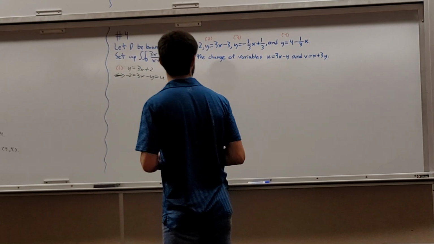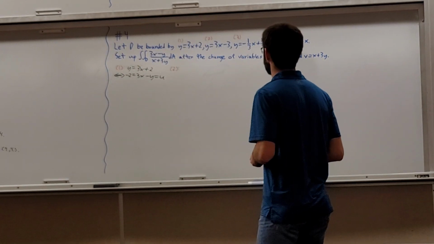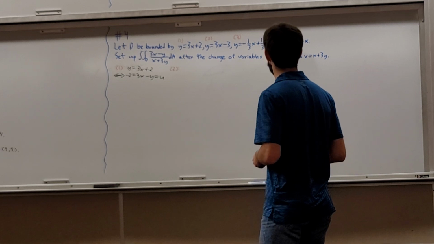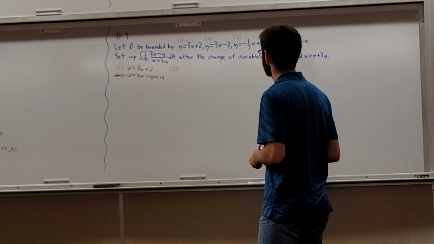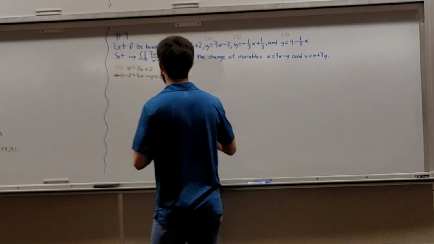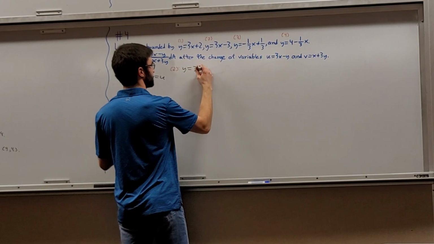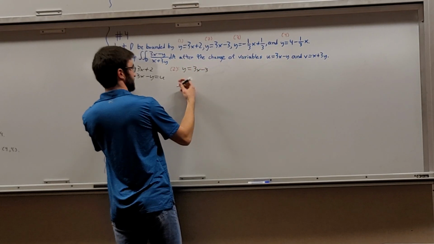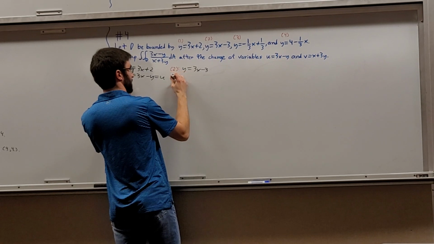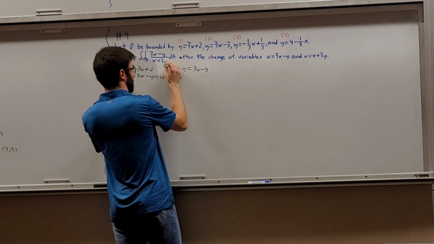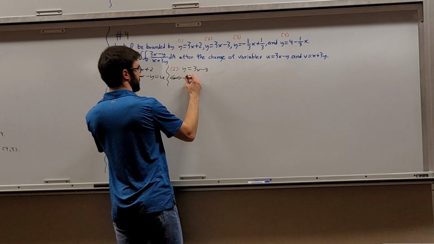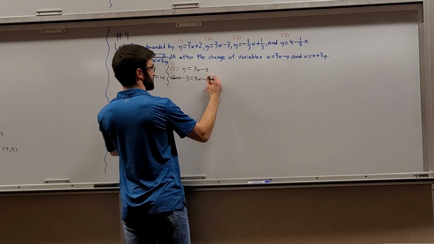Alright, so what are we gonna do for the second one? You subtract y and then add 3 to both sides. We do the exact same thing we did here. You get u minus 3 equals 3x minus y, which is equal to positive 3.